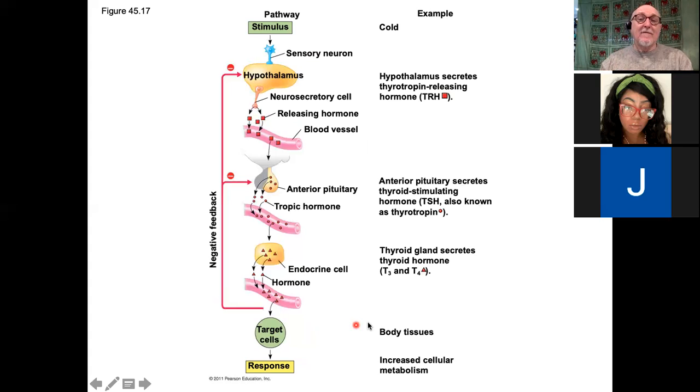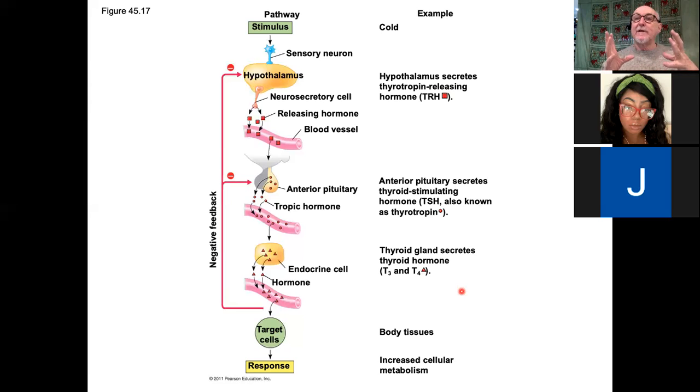There's one other thing that happens here. Here they've only talked about the thyroid hormone increasing metabolism. Thyroid hormones also get us to do one other thing when we're cold, which is a huge contributor to our warming up again, and that is shivering. Shivering is a response also to thyroid hormone.